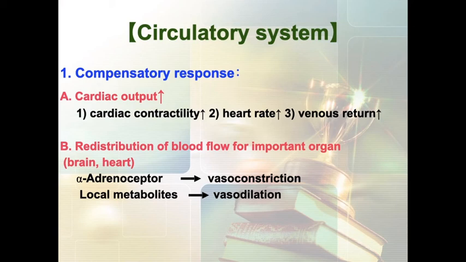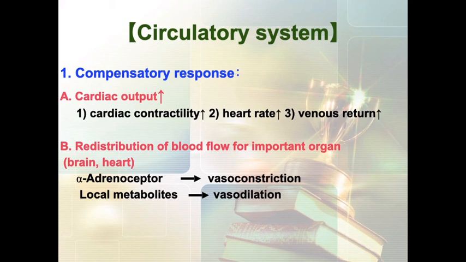The other aspect is redistribution of blood flow to important organs. Redistribution. What are important organs? Heart, lung, brain, right? And the most important ones are our heart and brain. Heart is a pump to keep our circulation system working.